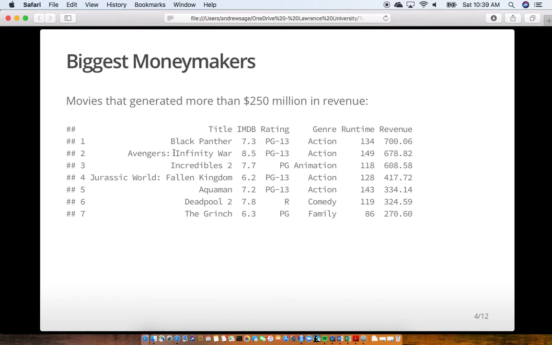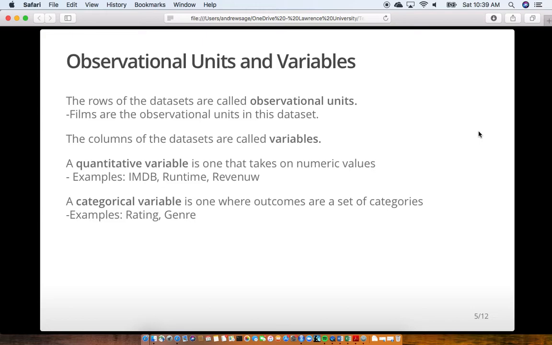The rows in the data set, in this case the films, are called observational units. The columns, like IMDb score, rating, genre, etc., are called variables. A quantitative variable is one that takes on numeric values. For example, IMDb score, runtime, and revenue are numeric variables, while a categorical variable is one whose outcomes are a set of categories rather than numbers.